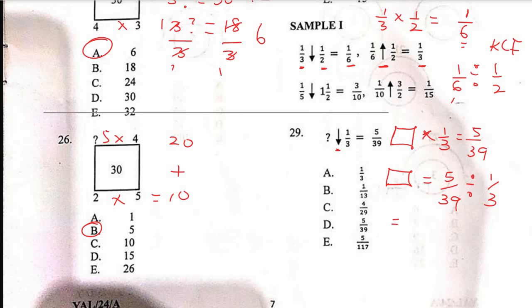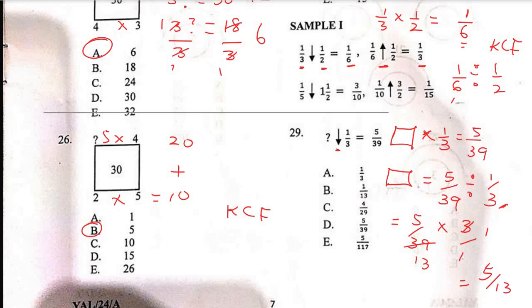We use the concept of KCF, keep the first fraction, change division to times. That's the meaning of KCF. Let me write it here for you to see. Keep, change. You change division to times, flip. Flip the last fraction, 3 goes up, 1 comes down. 3 into 39 is 13. So we simply have 5 over 13.